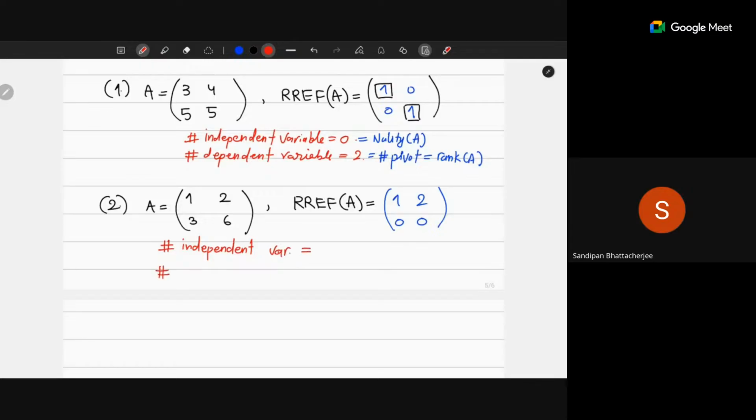The number of independent variables was 1. The number of dependent variables was also 1, right? So the nullity of A is 1, and the rank of A is also 1. Clear?